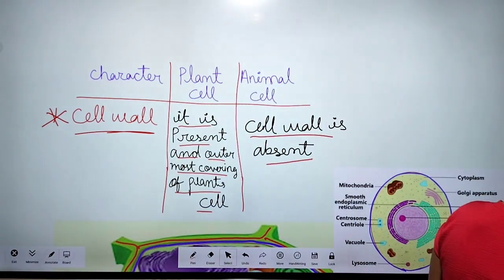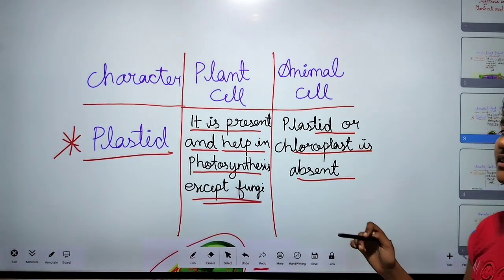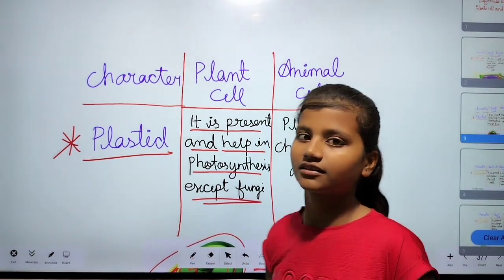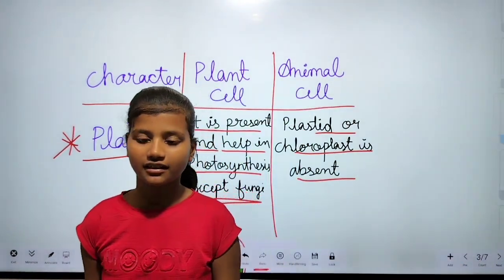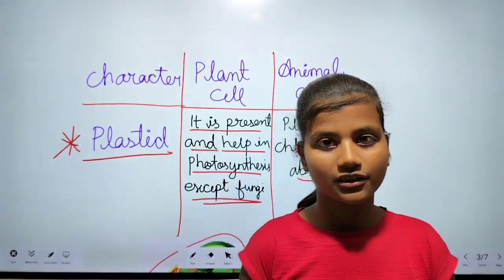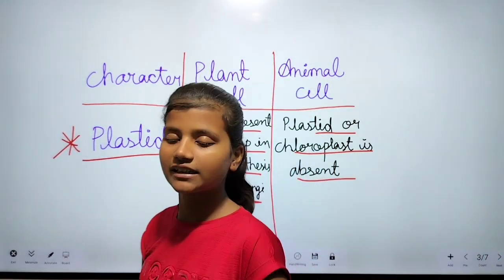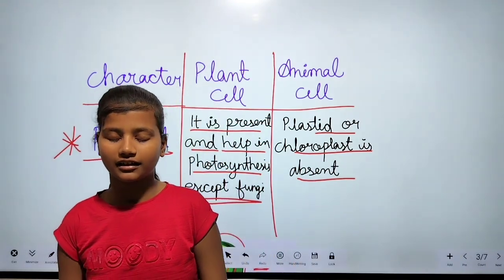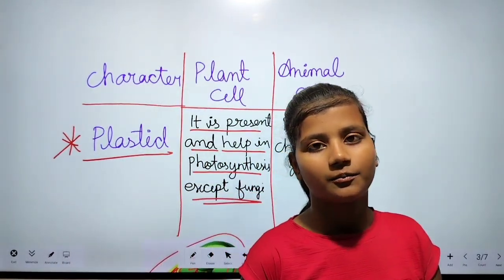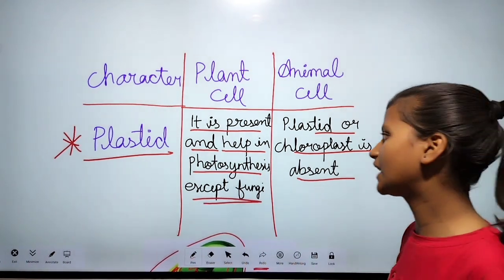Our next character is plastid. Plastid is present in a plant cell and absent in animal cell. It helps in photosynthesis, and in the animal cell photosynthesis doesn't occur, so plastids are absent in animal cell.